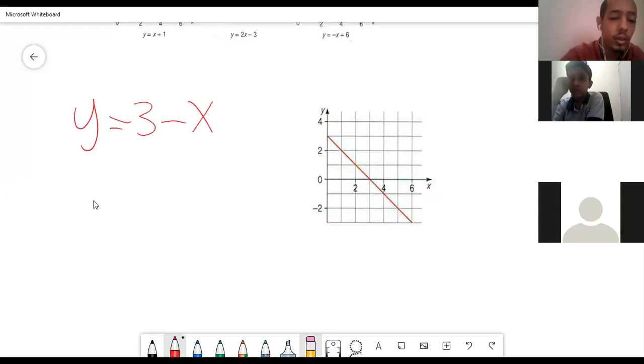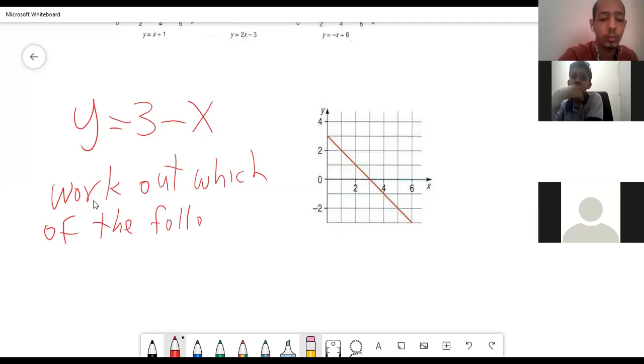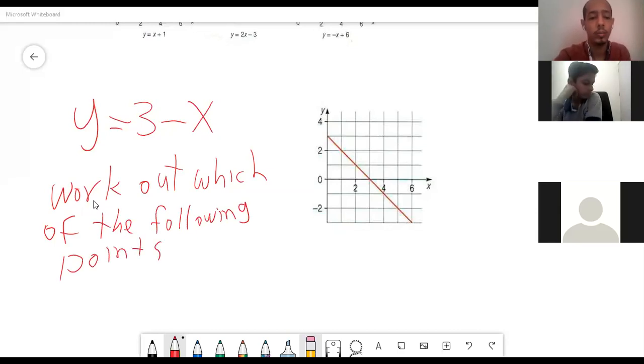The question is: work out which of the following points are on the line.